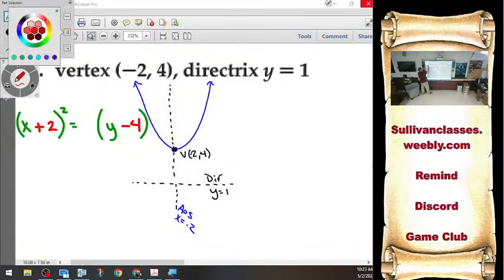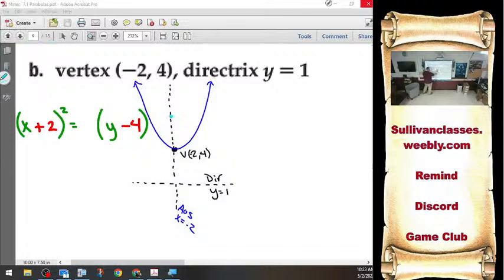And then, fancy that, the distance from my vertex to my focus is also the distance from my vertex to my directrix. 3. Now remember, this 4p value is 4 times that distance. So, 12.